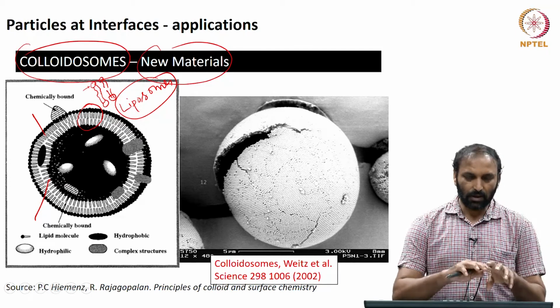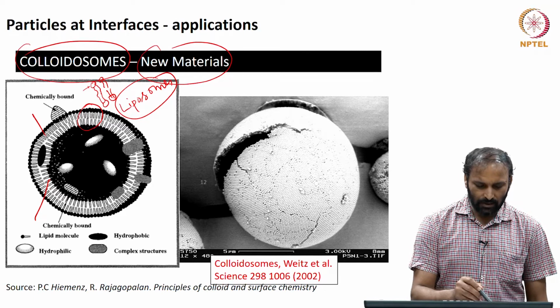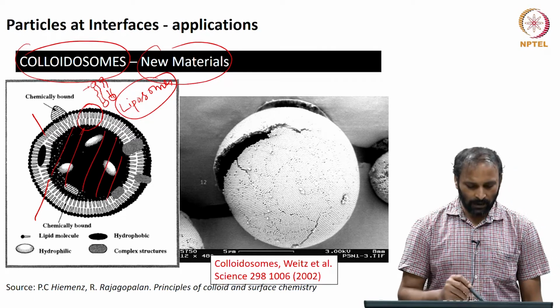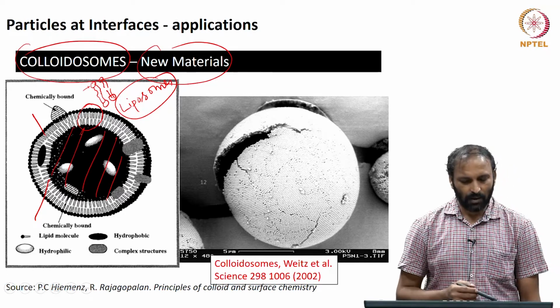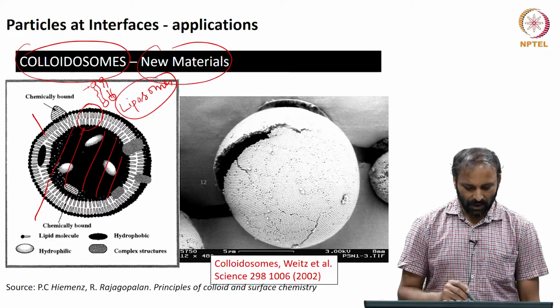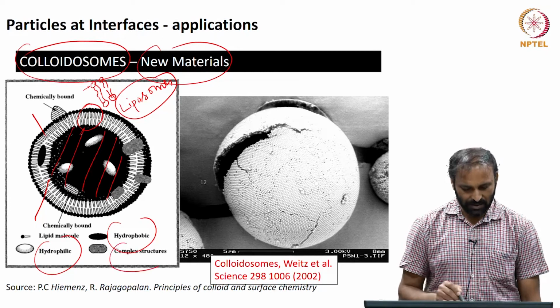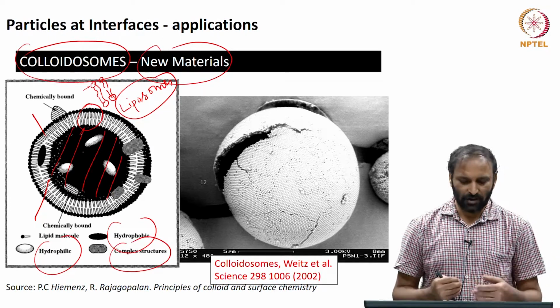This is a curved bilayer, and these contain fluid inside, and this fluid can be used as cargo carriers, incorporating either hydrophobic or hydrophilic as well as complex structures in these containers, and they can be used for drug delivery applications.